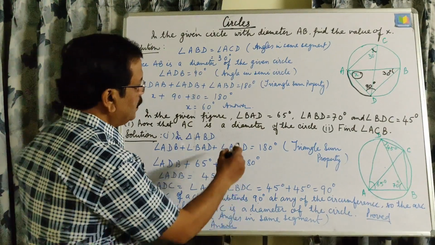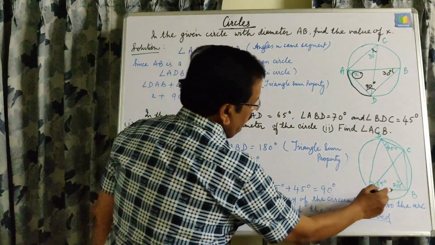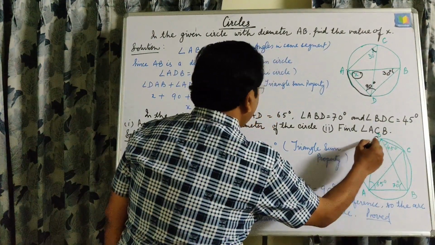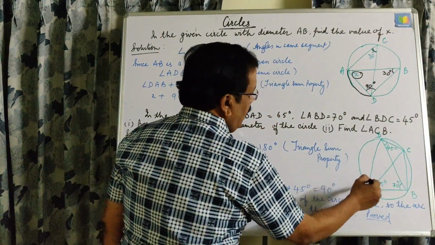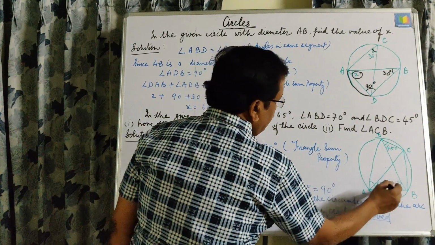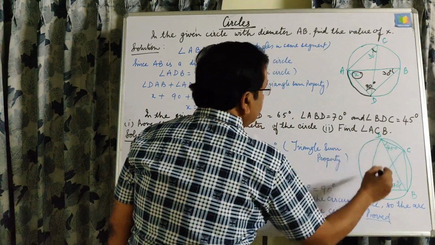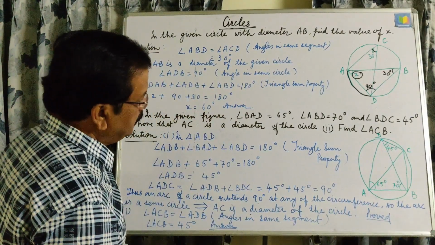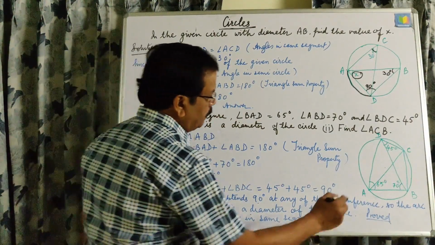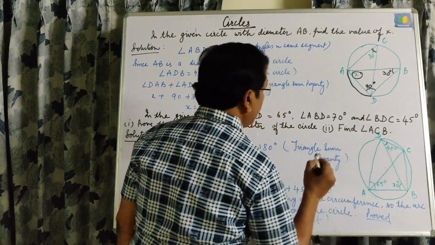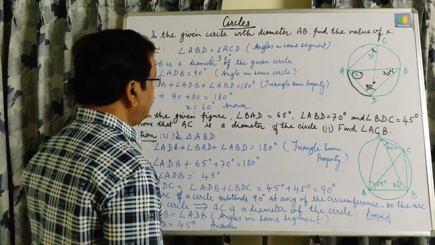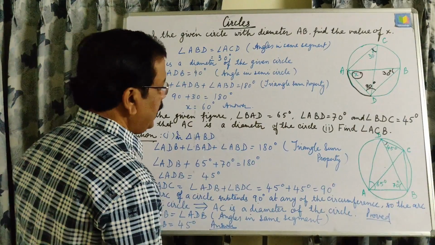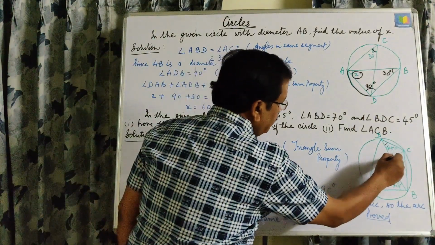In the given figure, angle BAD is 65 degrees, angle ABD is 70 degrees, and angle BDC is 45 degrees. Now prove that AC is a diameter.